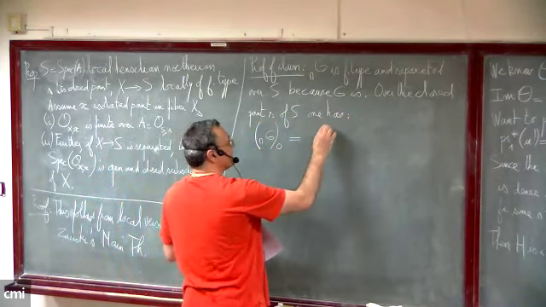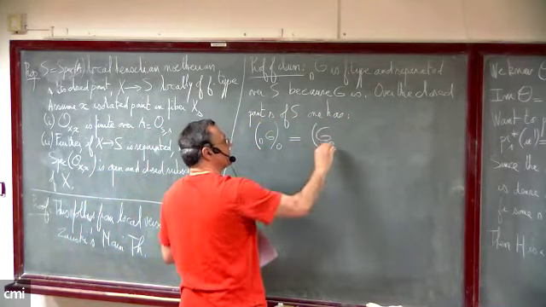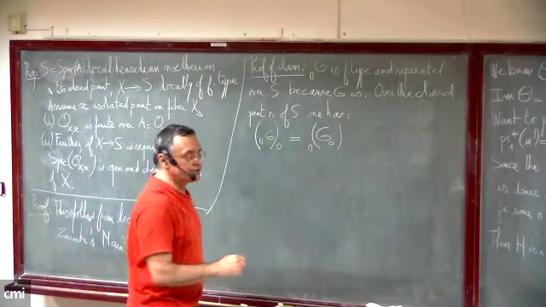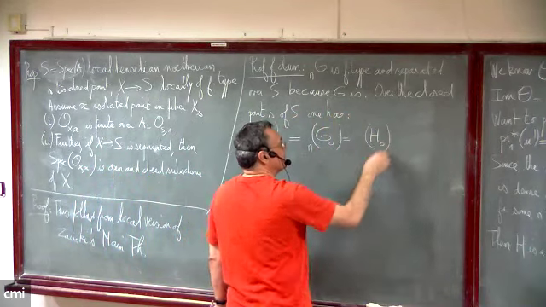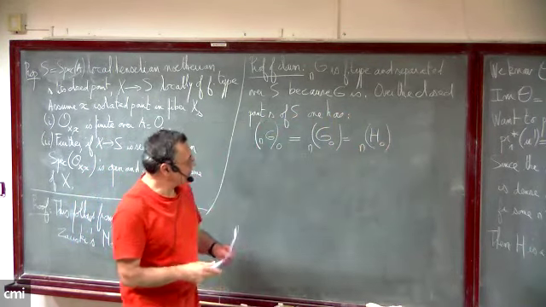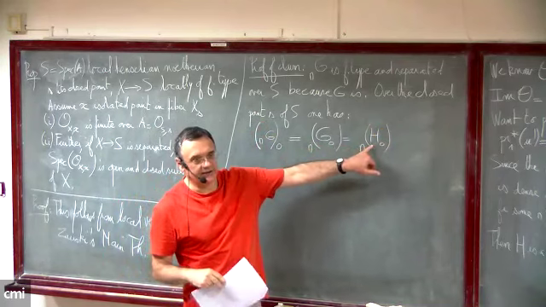So this is the same thing as taking the fiber and then the n-torsion, but by assumption, G0 is this H0.